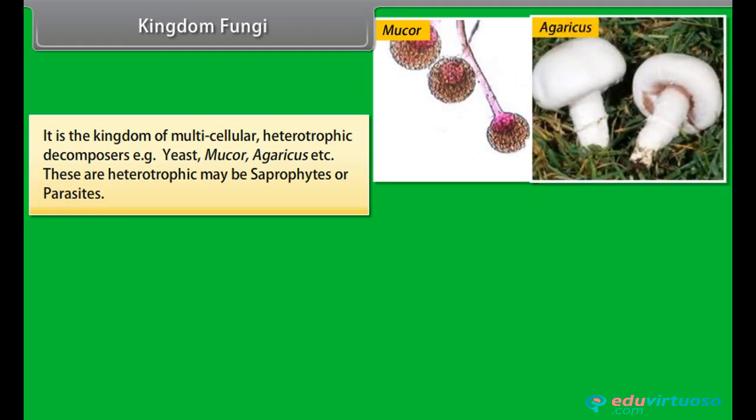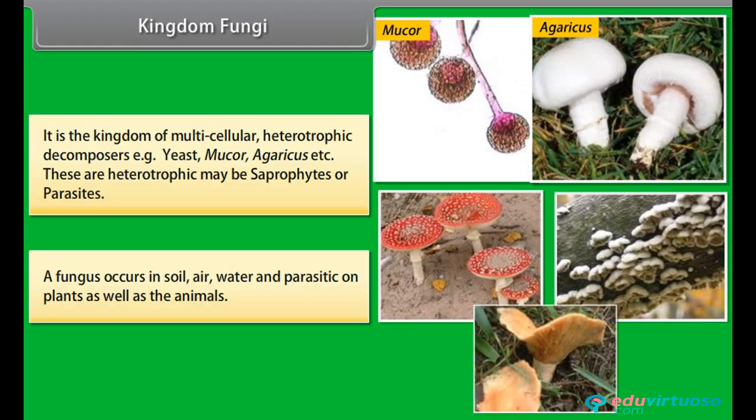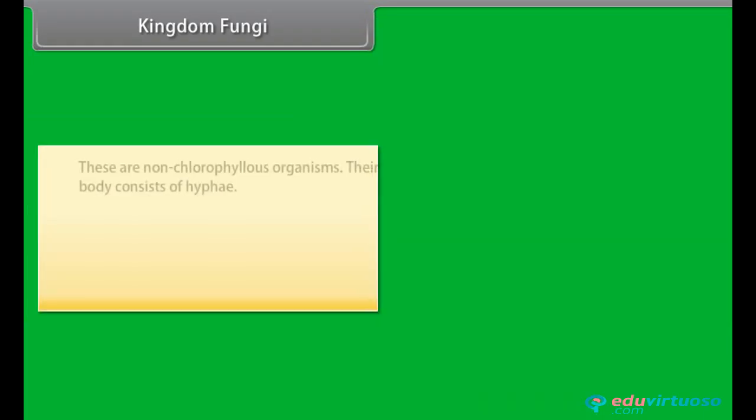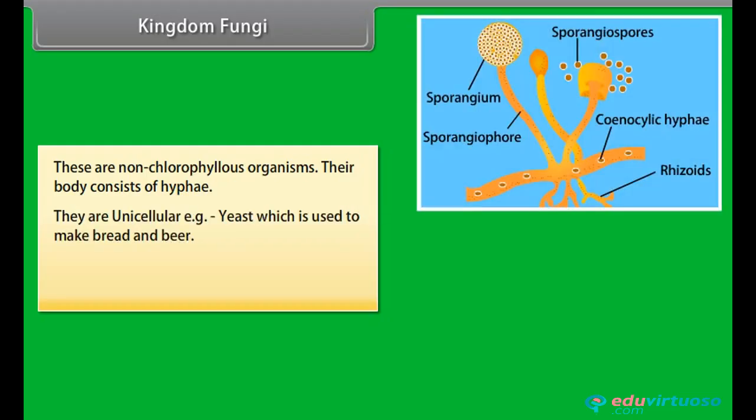These heterotrophs may be saprophytes or parasites. A fungus occurs in soil, air, water, and is parasitic on plants as well as animals. These are non-chlorophyllous organisms. Their body consists of hyphae. Some are unicellular, for example, yeast, which is used to make bread and beer.